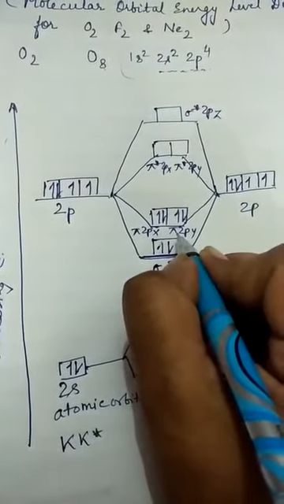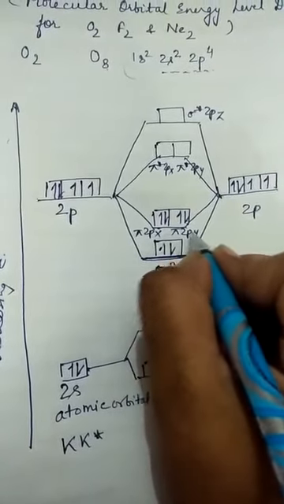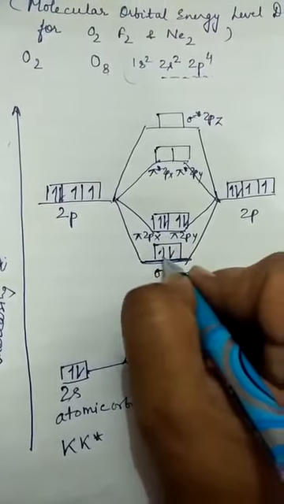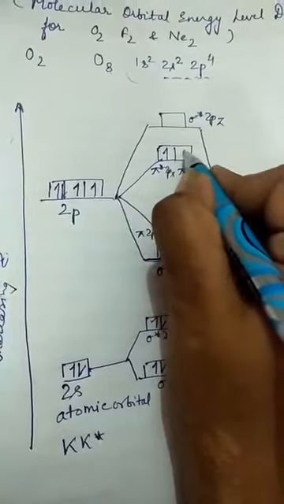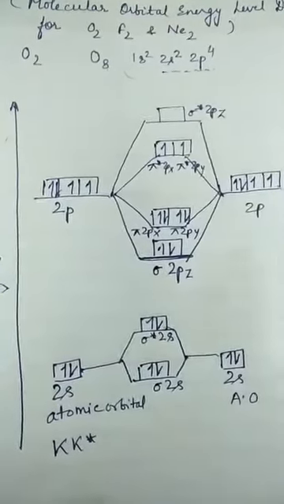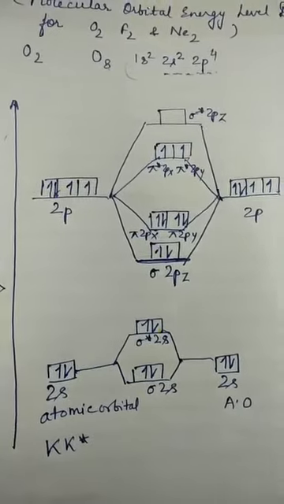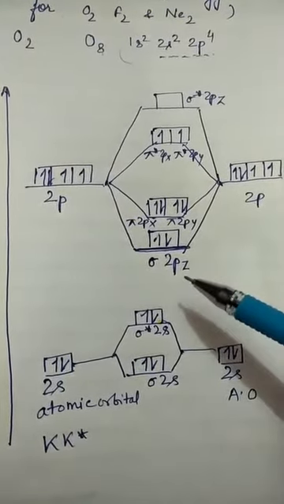They are known as degenerate molecular orbitals. The molecular orbitals which have the same energy are known as degenerate. Right, so 1, 2, 3, 4, 5, 6, and this is 7 and 8. So we have filled up the molecular orbitals here.